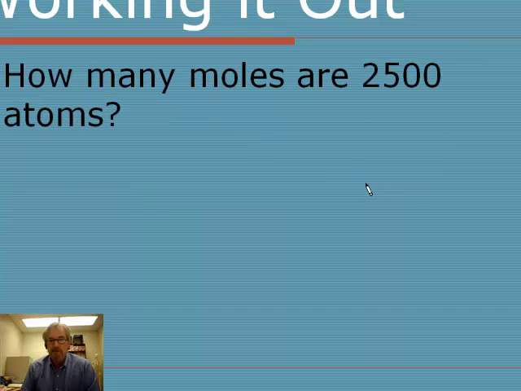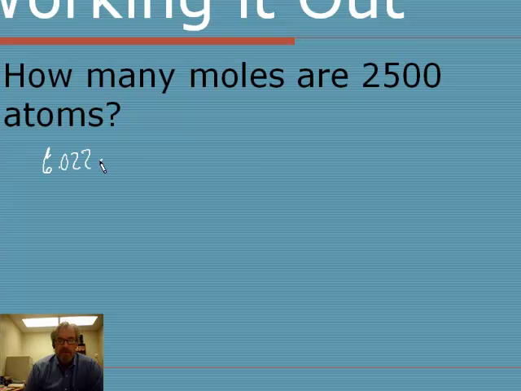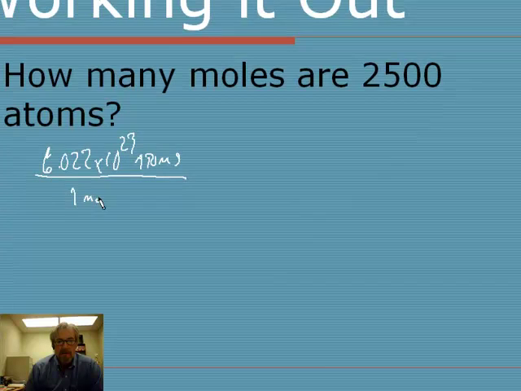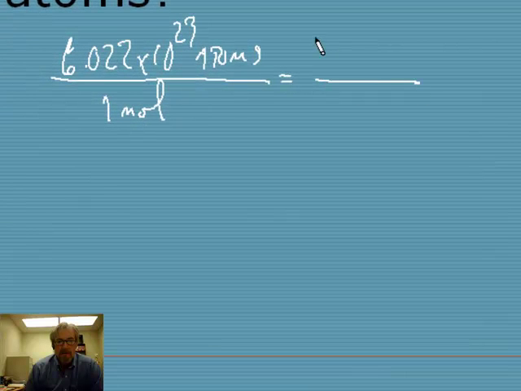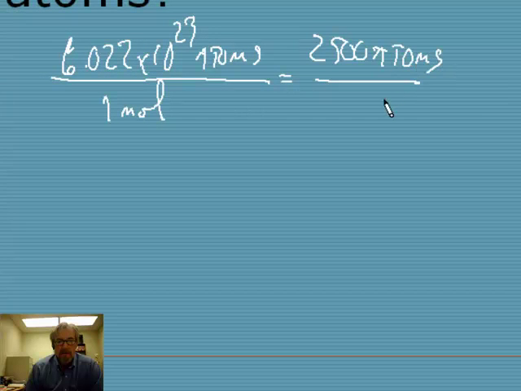Try this one. Stop the video, give it a try, watch my answer later. I'm going to use a proportion for this one. 6.022 times 10 to the 23rd atoms is the equivalent of 1 mole. So 2,500 atoms are going to go in the numerator, and my unknown number of moles is going to go in the denominator.